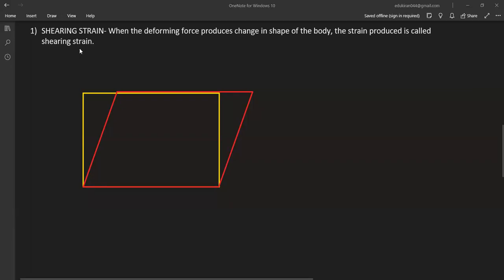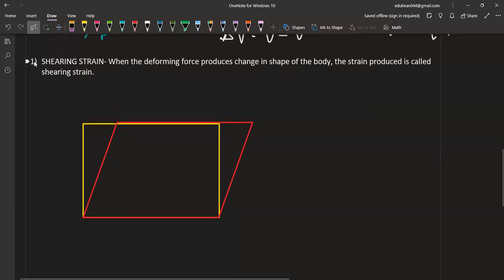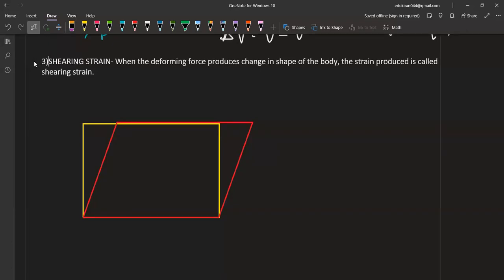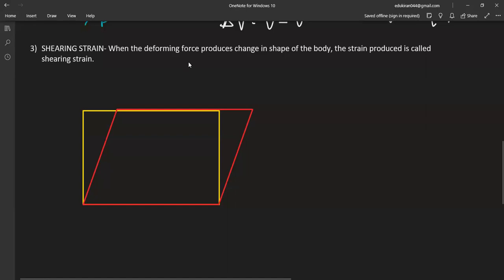Now, see, shearing strain is the last one, the third one. Shearing strain is when the deforming force produces change in the shape of the body.